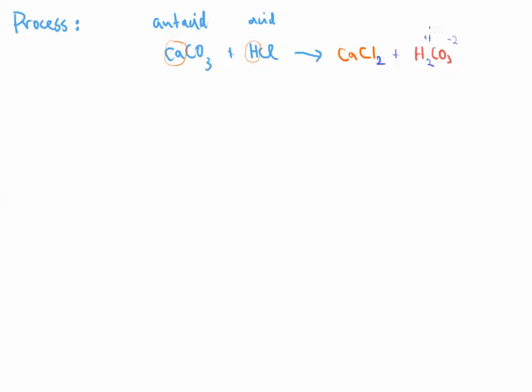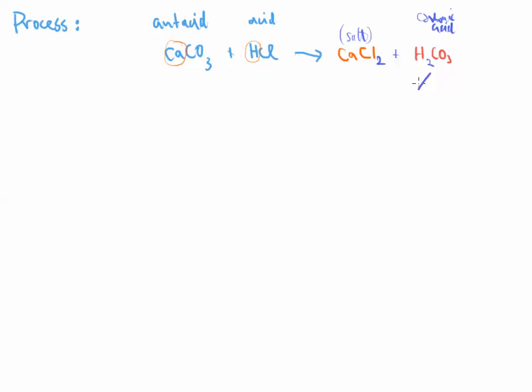So that way I get a +2 and a -2, and they cancel each other out. Now I've just balanced that molecule. So these are the products that will happen when I take the antacid and react it with an acid. I get calcium chloride, which is a salt, and I get H2CO3, which is carbonic acid.